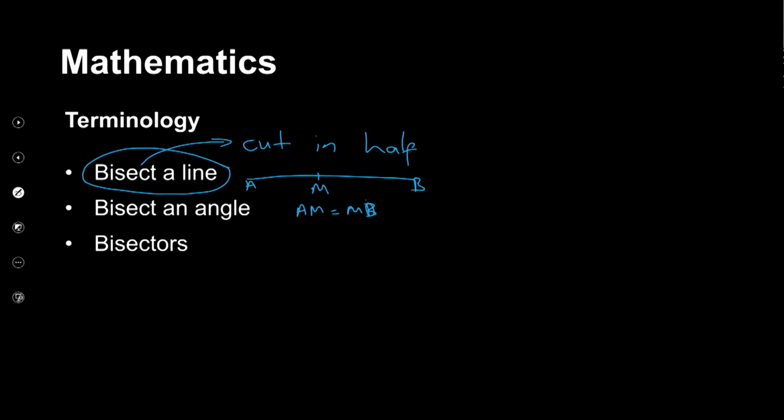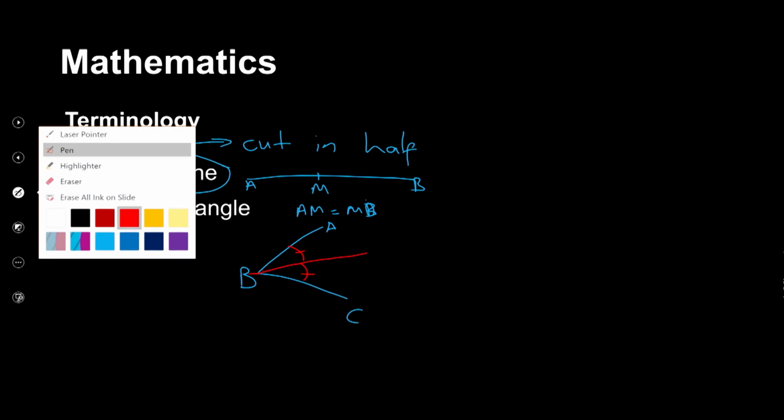That's what bisected means. And then to bisect an angle would simply mean the very same thing. It is to cut in half. But now what that means is if I have A, B, C, and I say that B is bisected, that will introduce something of this nature, where this angle is equal to that angle because it is bisected. So that's what you need to think about, please.